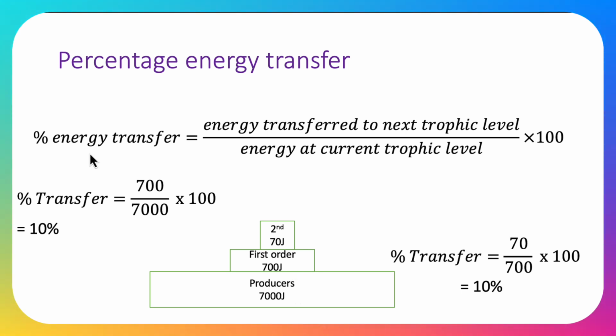If we have a look at the formula for that, the percentage energy transfer is the energy transferred to the next trophic level divided by the energy at the current level, times by 100. So if we have a look at this next one, we've got 700 and then 70 in the second order. So that would be 70 divided by 700 times by 100, which is, again, 10%.